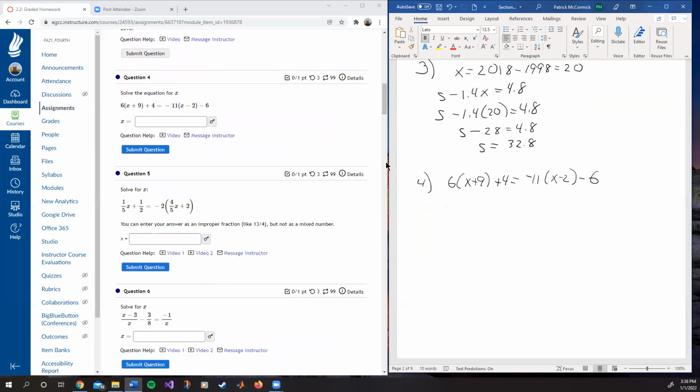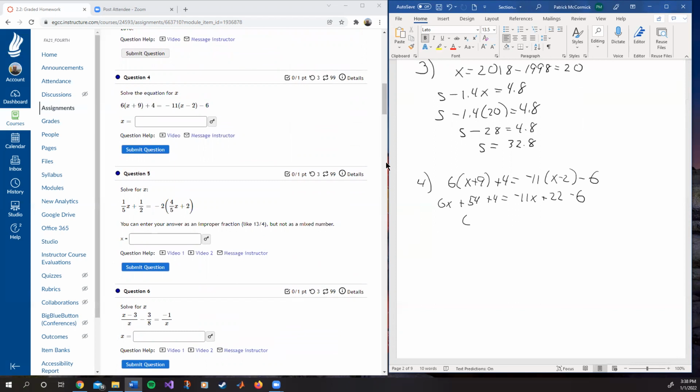Let's distribute the 6 through and distribute the -11. Then we'll combine like terms and solve for x. So this would be 6 times x. 6 times 9 is 54, then the plus 4. Then -11x. -11 times -2 is a positive 22 minus 6.